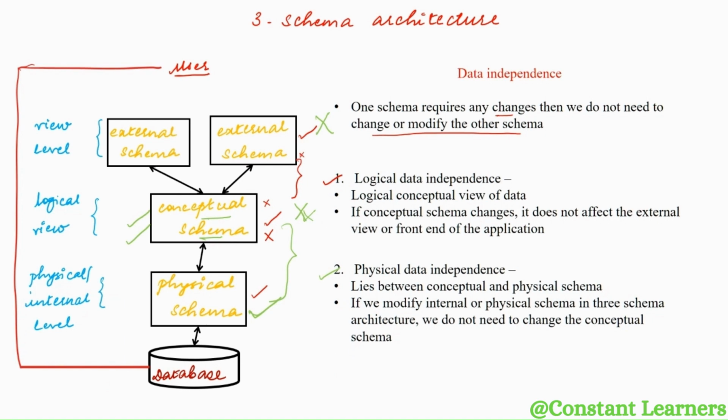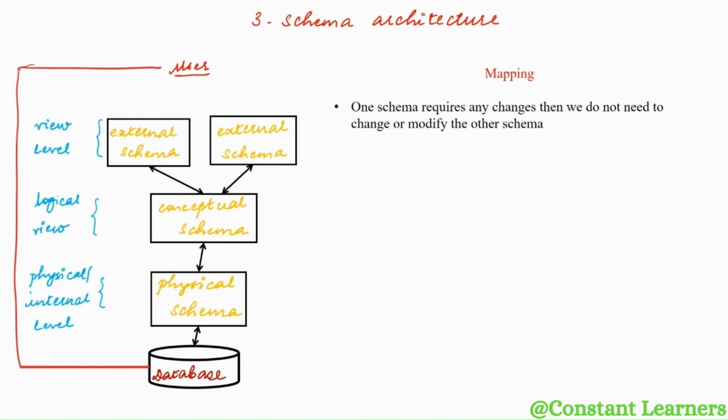Now the last concept that we need to discuss is mapping. When a user is making a request to the user application for some kind of data from the database, that request first goes to the external schema, that is the front end of the application, which is then moved to the conceptual schema.